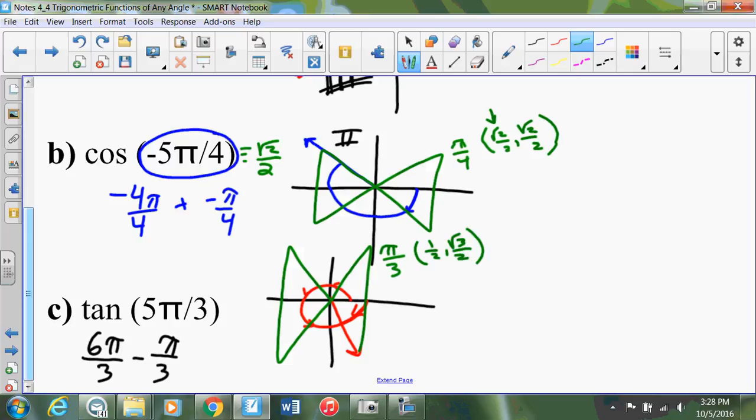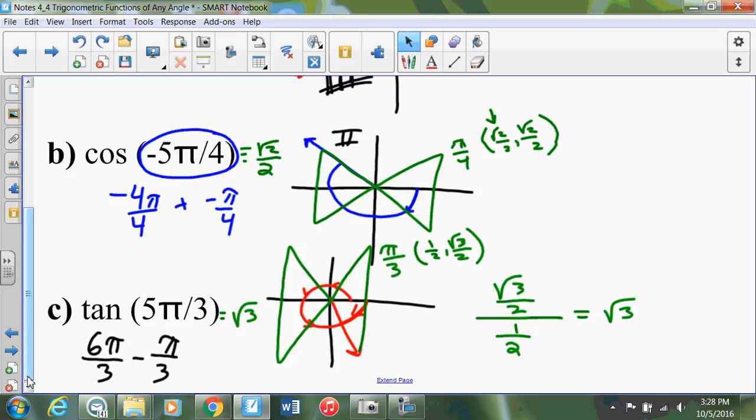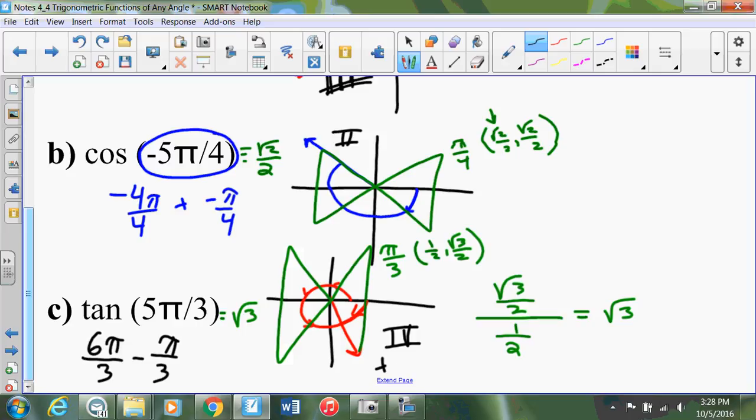Since tan is sine over cosine, I would have √3/2 all over 1/2, and your answer is √3. But when I go to put my answer in, I have to remind myself that I'm actually in the fourth quadrant. In the fourth quadrant, cosine is positive and sine is negative, so tan is also negative. So my real answer is -√3.